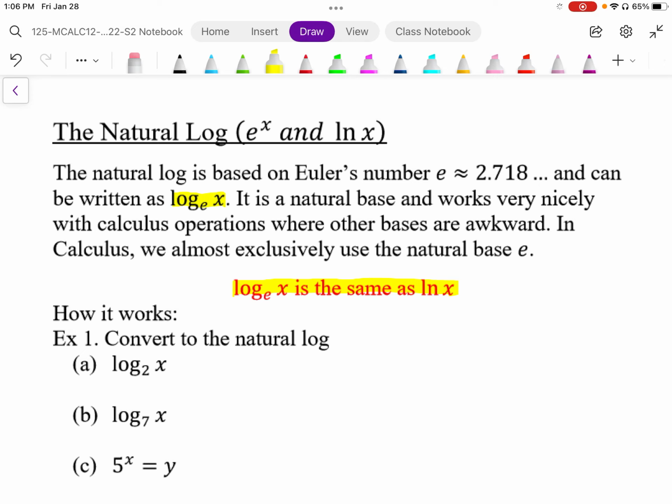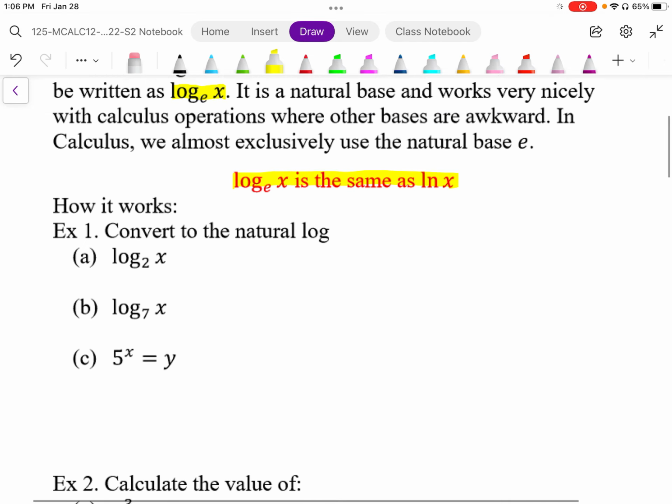So when we say log x, we often mean the log base e of x. And it works really nicely with calculus. And essentially, we almost exclusively use base e in calculus because everything works so much nicer with base e.